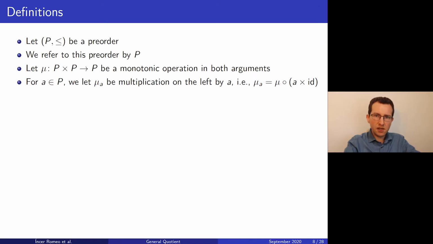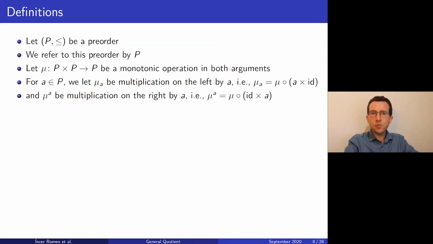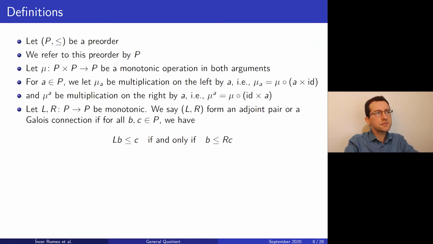Given any element A of P, mu with subscript A is going to mean multiplication on the left by A. So mu has two arguments, we fix the left argument to A, and that gives us a unary operation. Similarly, superscript A is going to denote multiplication on the right by the fixed element A of the preorder.